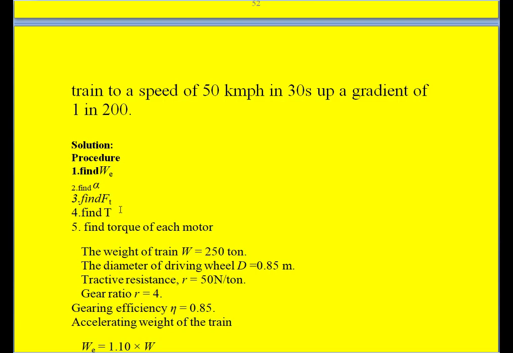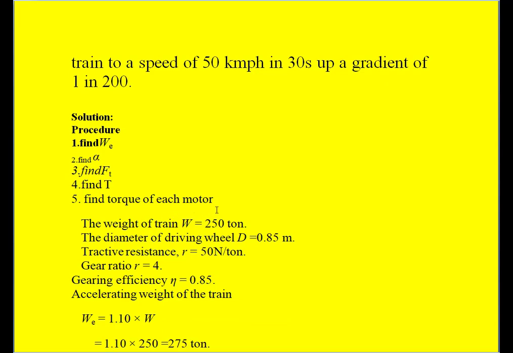Third, find the tractive effort at the driving axles. Fourth, find the torque, then find the torque of each motor. This is the procedure to be followed for this problem.